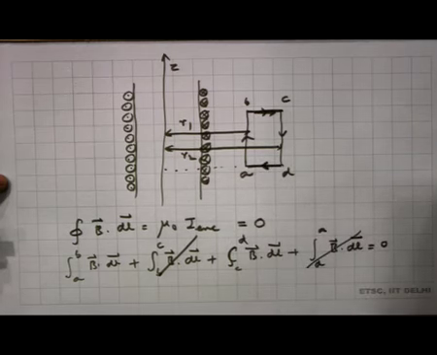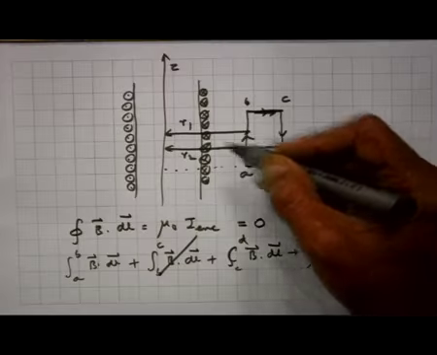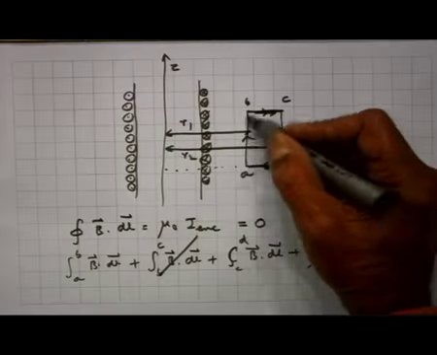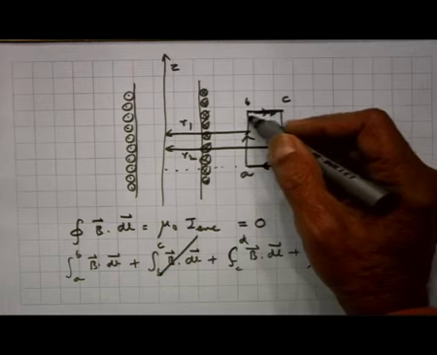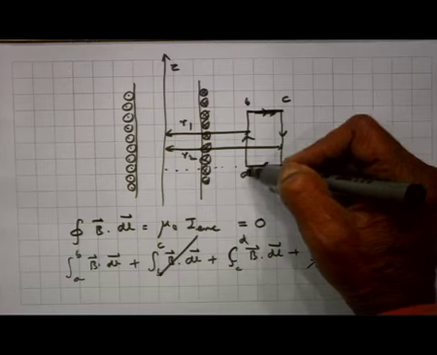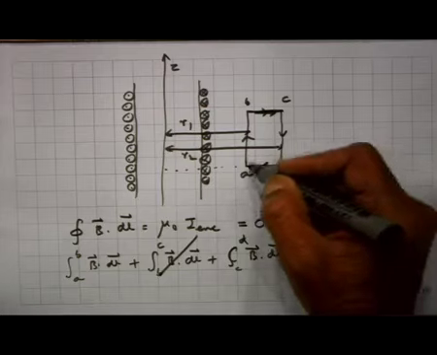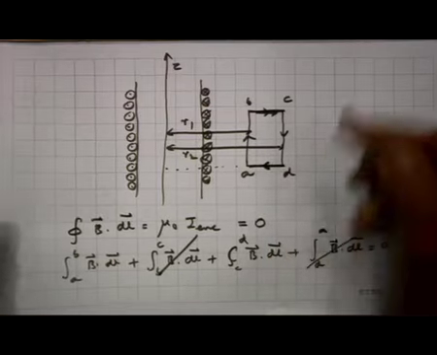So, B dot dl is 0 from D to A. So, the only two integrals which survive are A to B and C to D. Now, also note that when I integrate from A to B, I am not changing the distance from the axis, I am only changing the position of z, and we have already seen that the magnetic field is independent of my position along the z axis. So, the magnetic field must be the same from A to B and similarly from C to D.